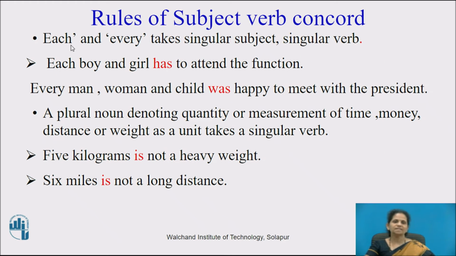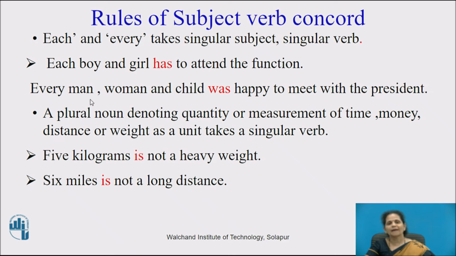The next rule, each and every take a singular subject, singular verb. So each boy and girl has to attend the function. Now when the sentence is preceded by each or every, it indicates a singular subject, and that's why we have to use the verb also in a singular form.